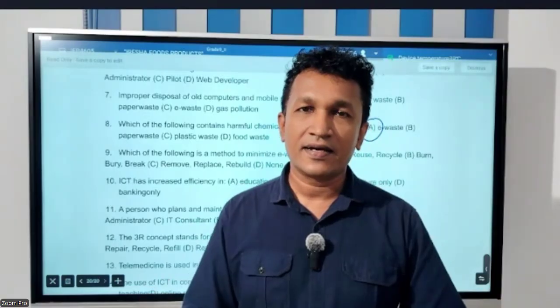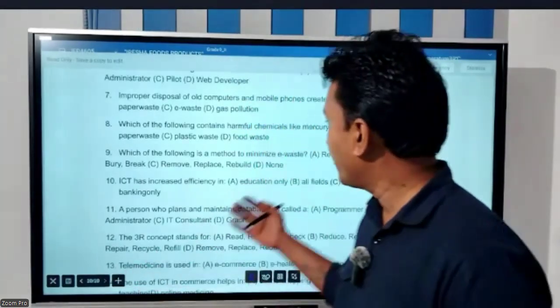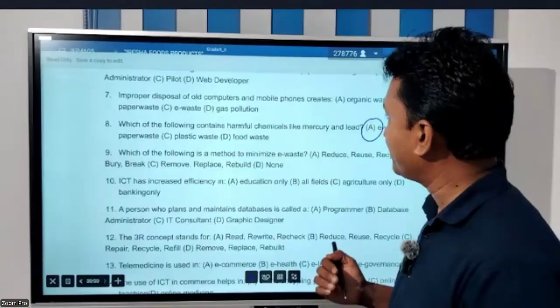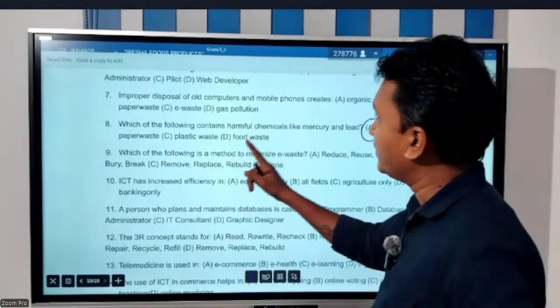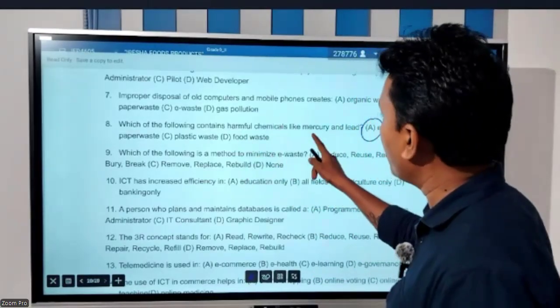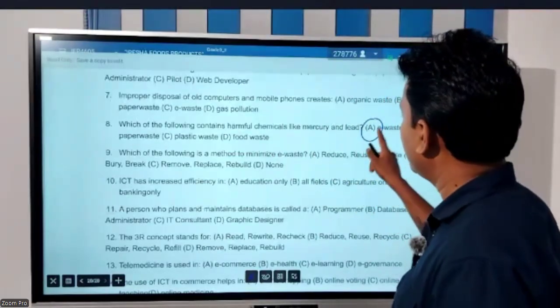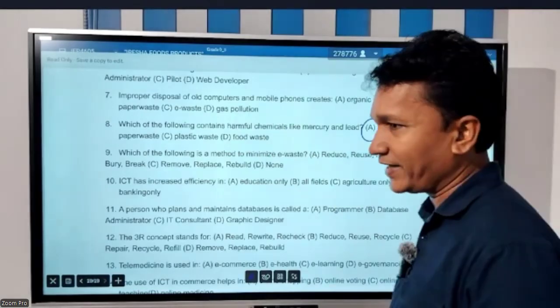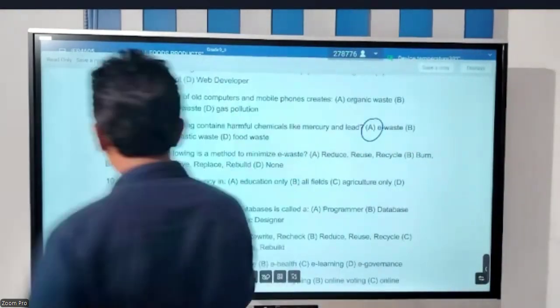Then they will be harmful to humans. So therefore, which of the following contains harmful chemicals like mercury and lead? It is in e-waste.